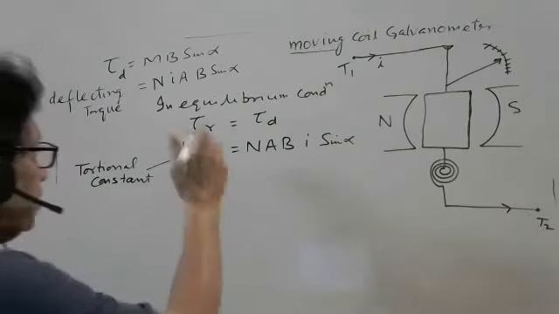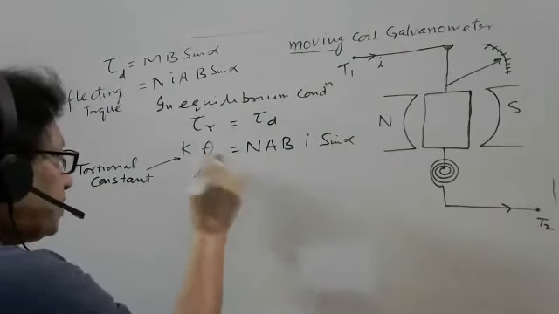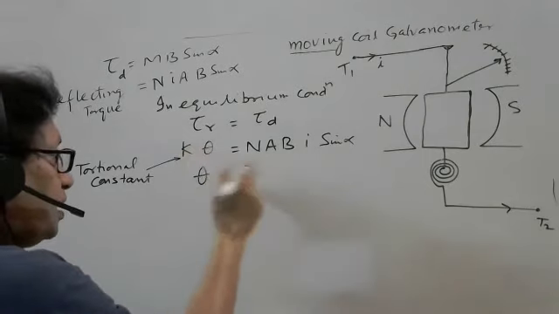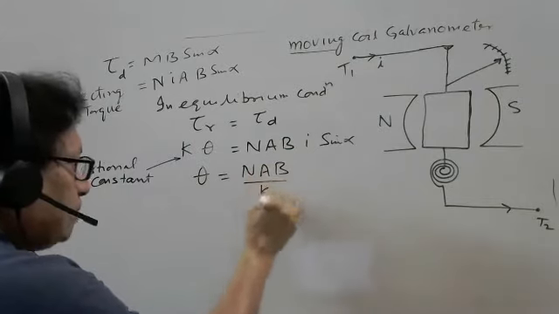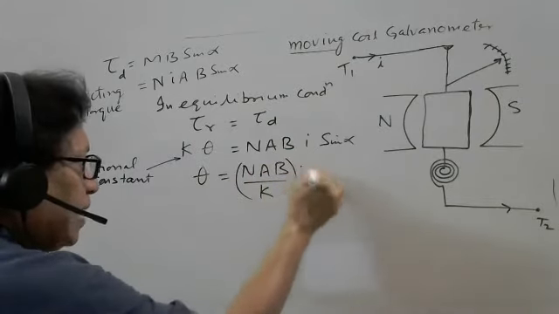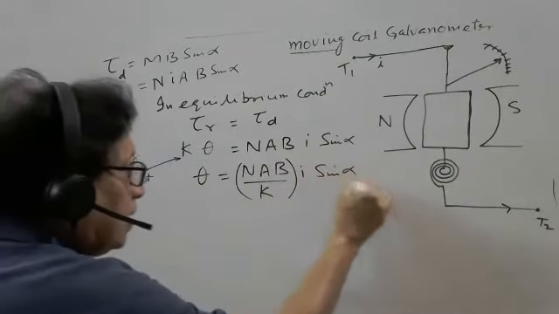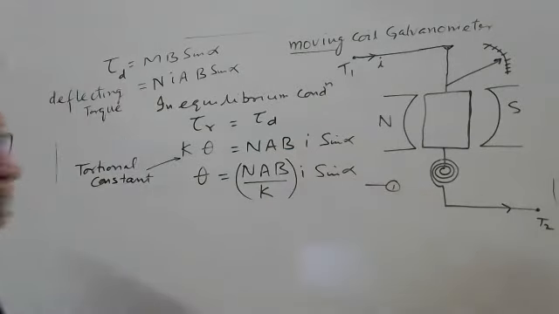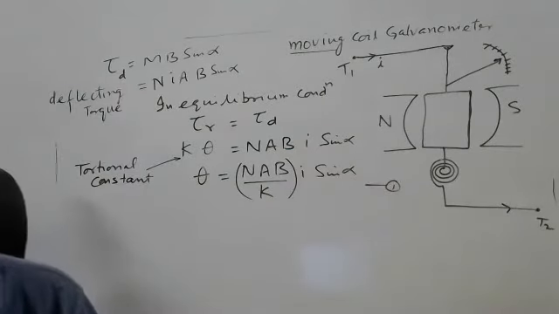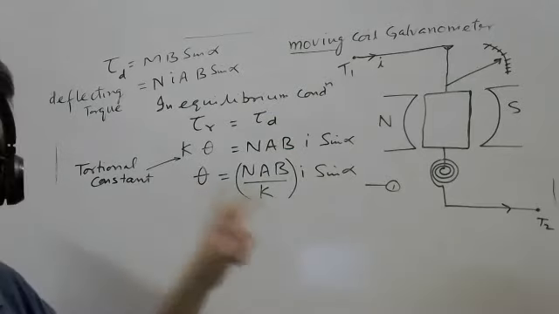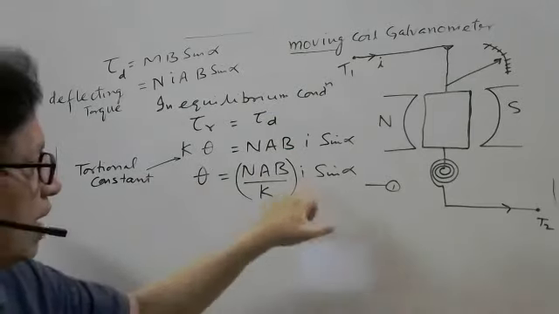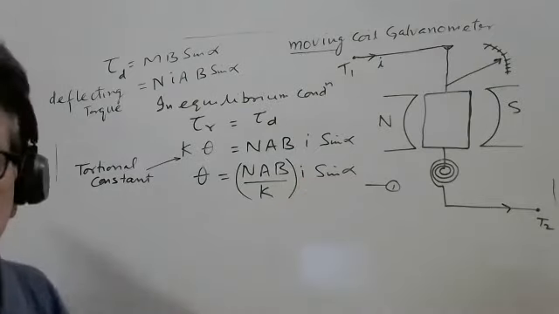Now theta, the deflection, is given by NAB upon K, times I sin alpha. Let us say this is equation 1. You can say this deflection depends on two variables, current I and alpha.